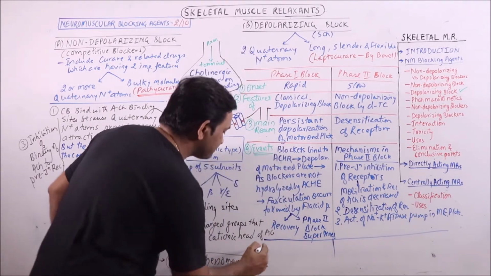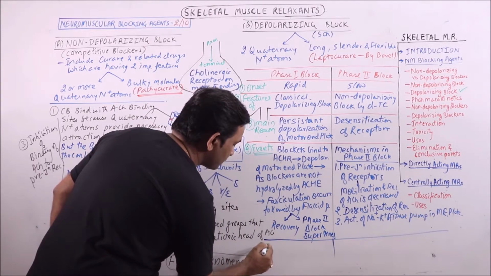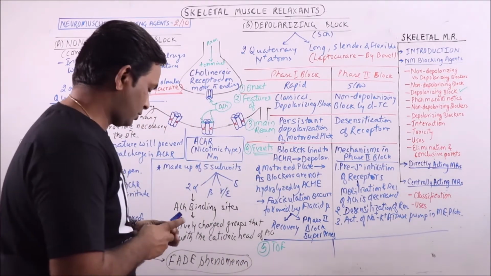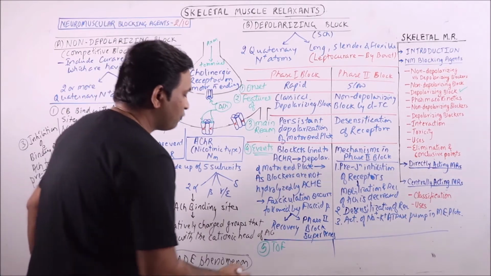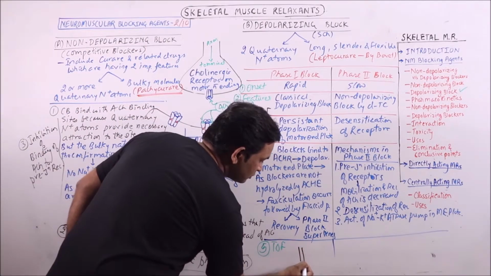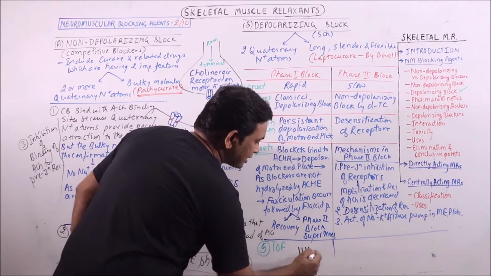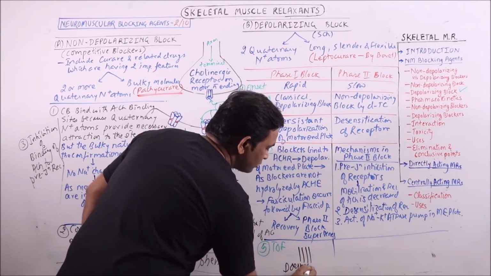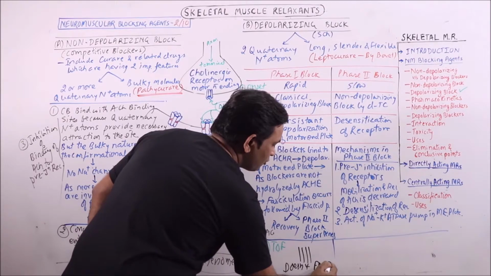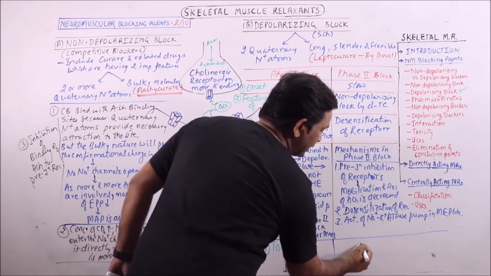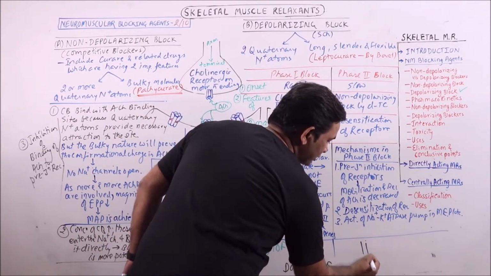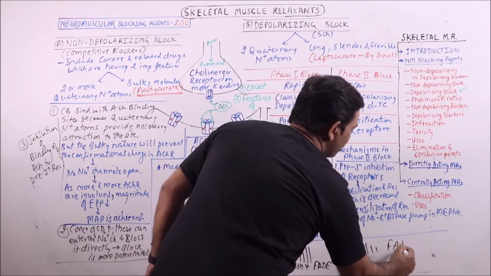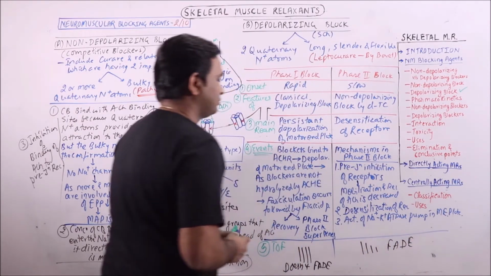Now train of 4 response. Train of 4 response lacks fade, or it doesn't show fade, while here the train of 4 response shows fade.